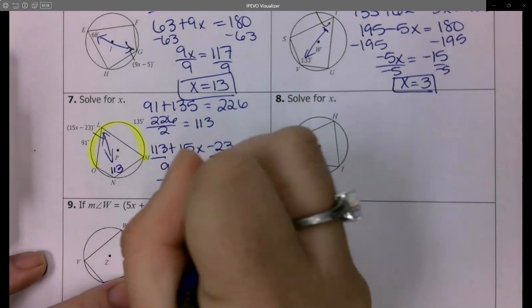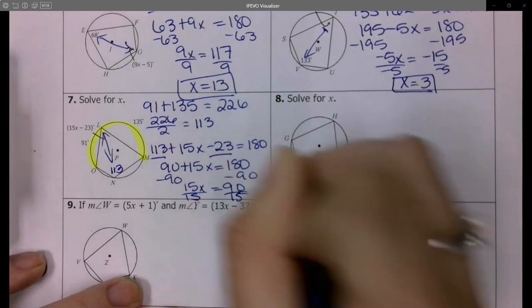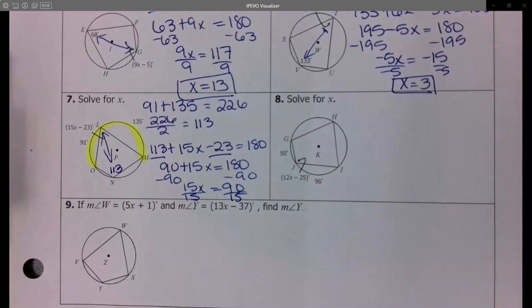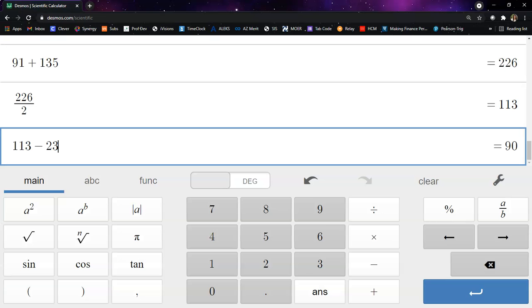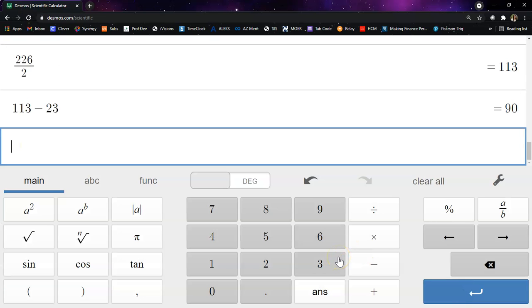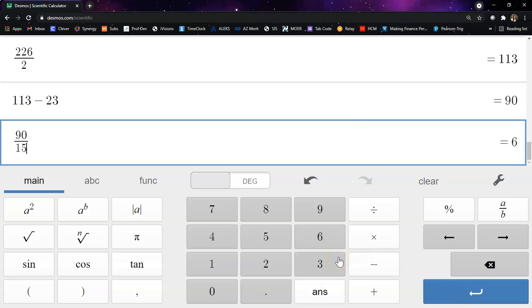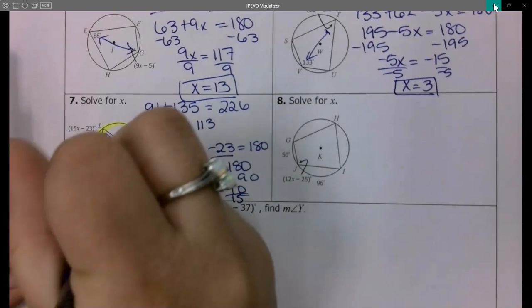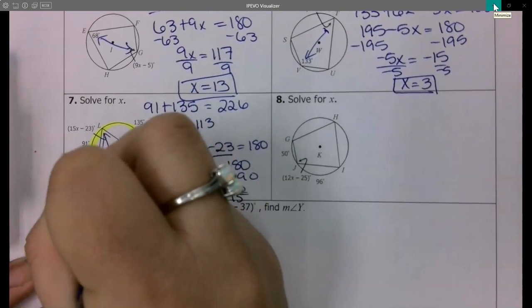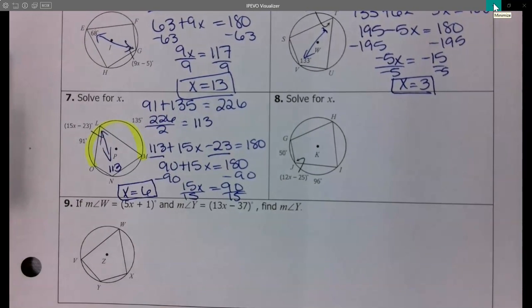Then I want to go ahead and divide both sides by 15. This gets me 6. So, questions on number 7.